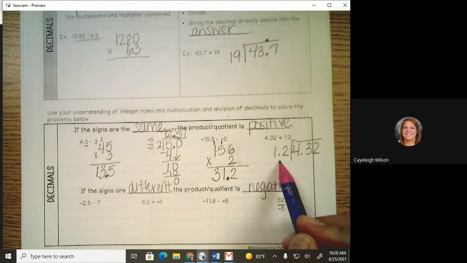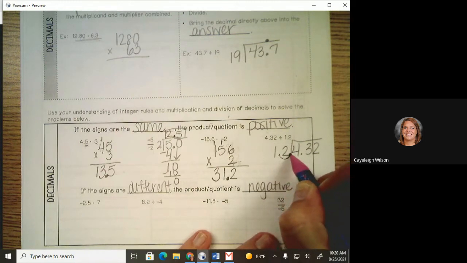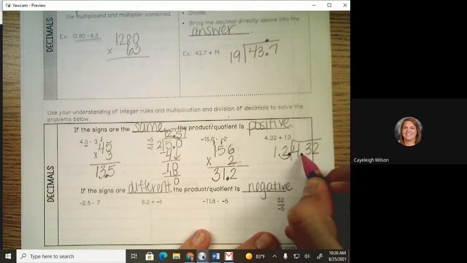I don't know if anybody remembers this from, I think it was 6th grade, maybe 5th grade. So when you divide, you've got to take this decimal and move it over one spot to get rid of the decimal on the outside, which means I also need to move this one over one spot.